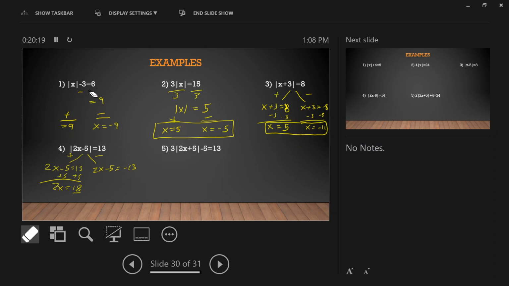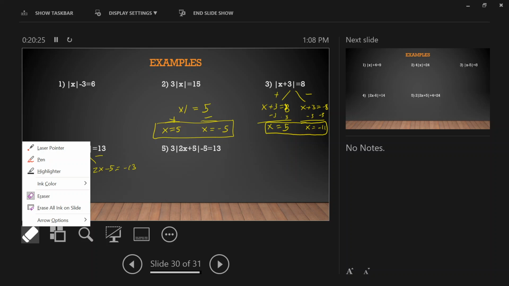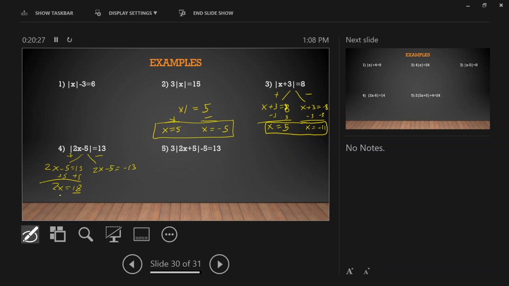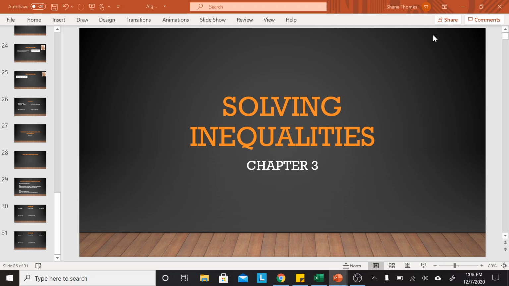Let's try something here. Alright, divide both sides by 2. That's just weird. Try something here.